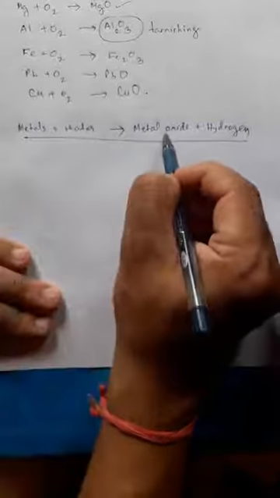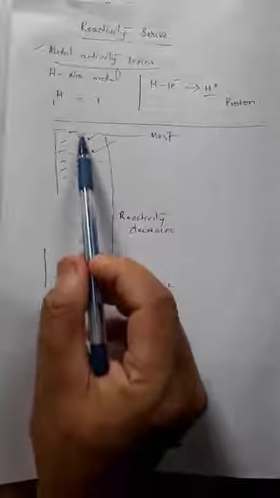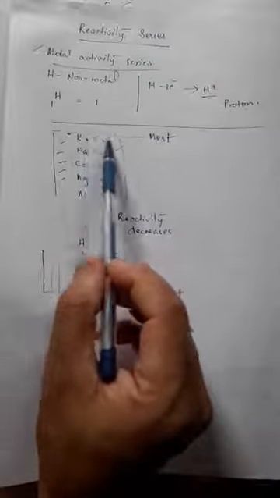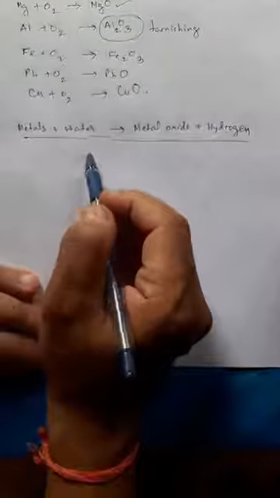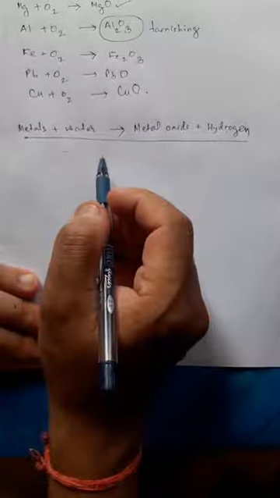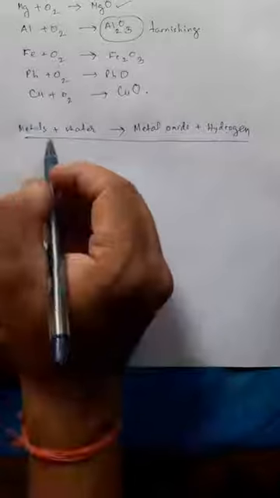Metal plus water, metal oxide and hydrogen. Those elements which were on the top of the metal activity series, potassium, sodium, are the most reactive. When these metals come in contact with water, they will explode. The reaction is very vigorous.